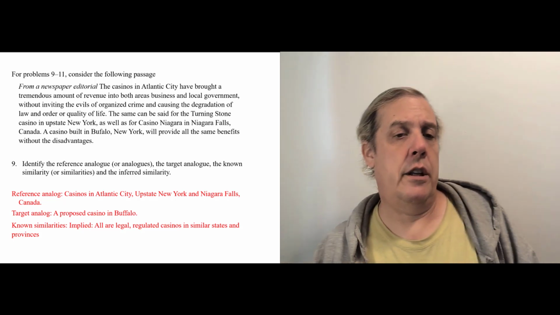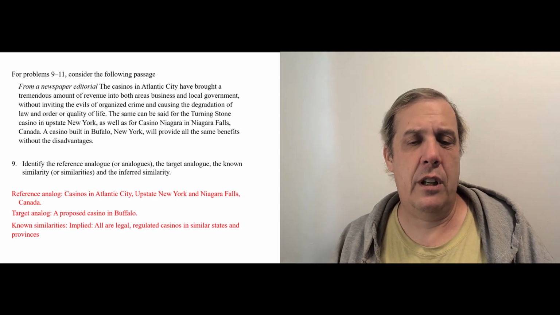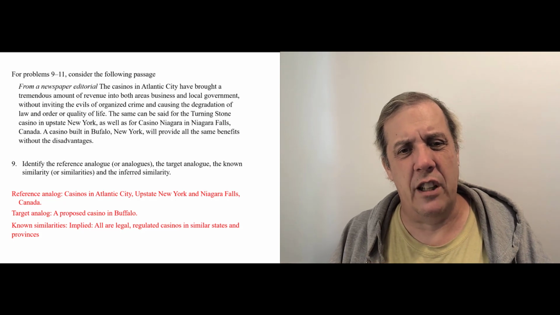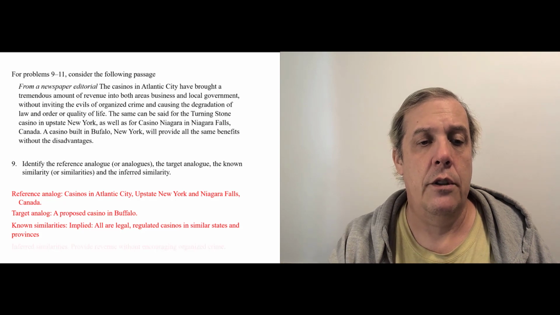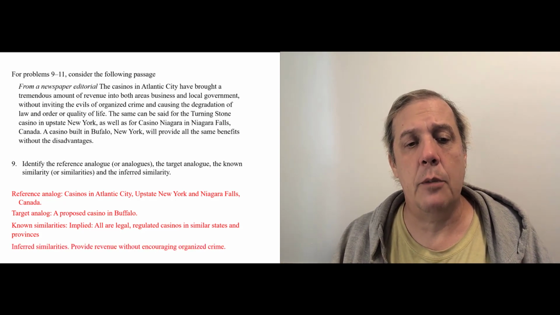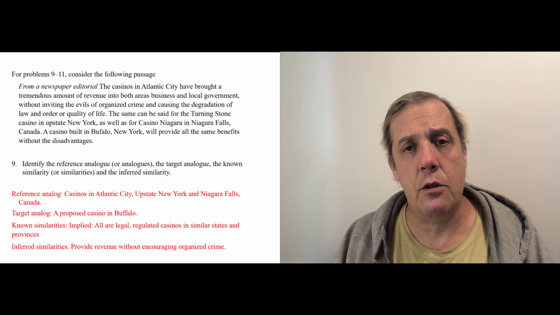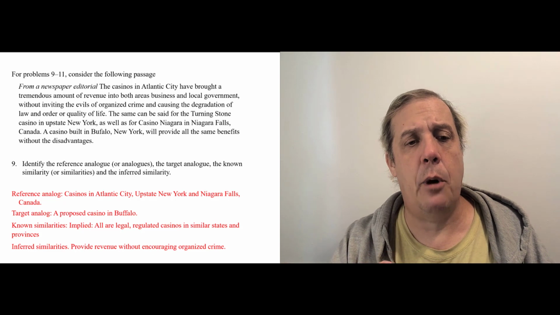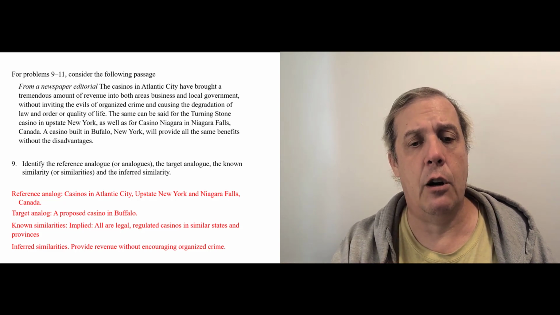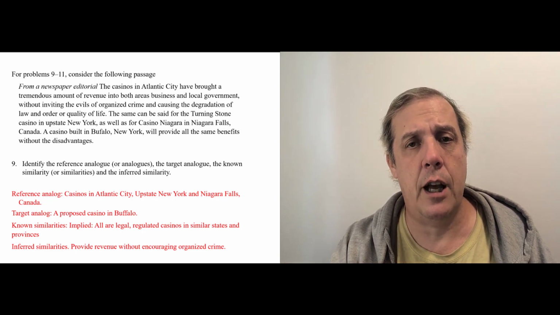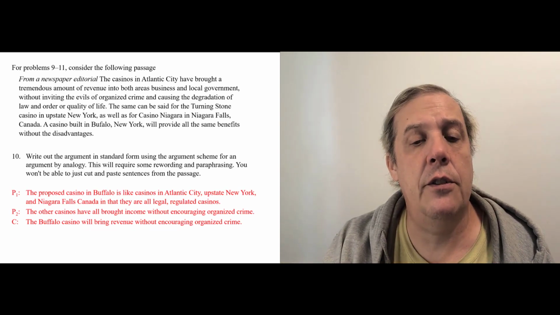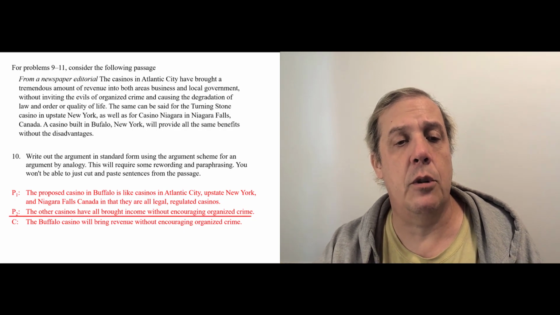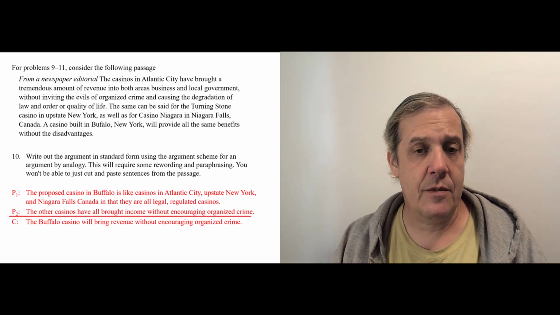The known similarities aren't specified, but we can fill them in. These are all legal, regulated casinos in similar states and provinces. The inferred similarity is specified. They provide revenue without encouraging organized crime. So we want that in the conclusion. We just take these parts now and fill them in for our argumentation scheme for argument by analogy. Premise 1 asserts that the current casino is similar to the past casinos.